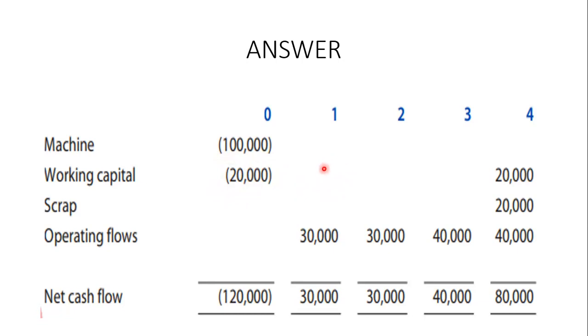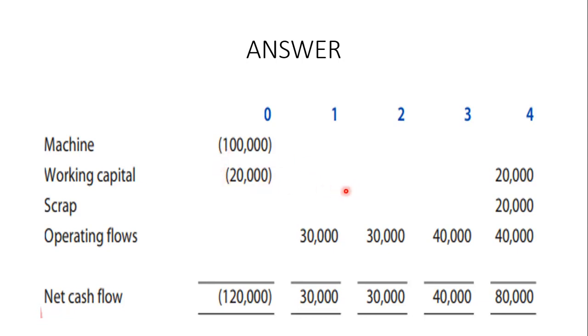Now, what would be the cash flow in year 1 would not be 25,000. It would only be what, 5,000, because you already have the 20,000. So you only need an additional or incremental working capital of 5,000. So the cash flow for year 1 would be 5,000.